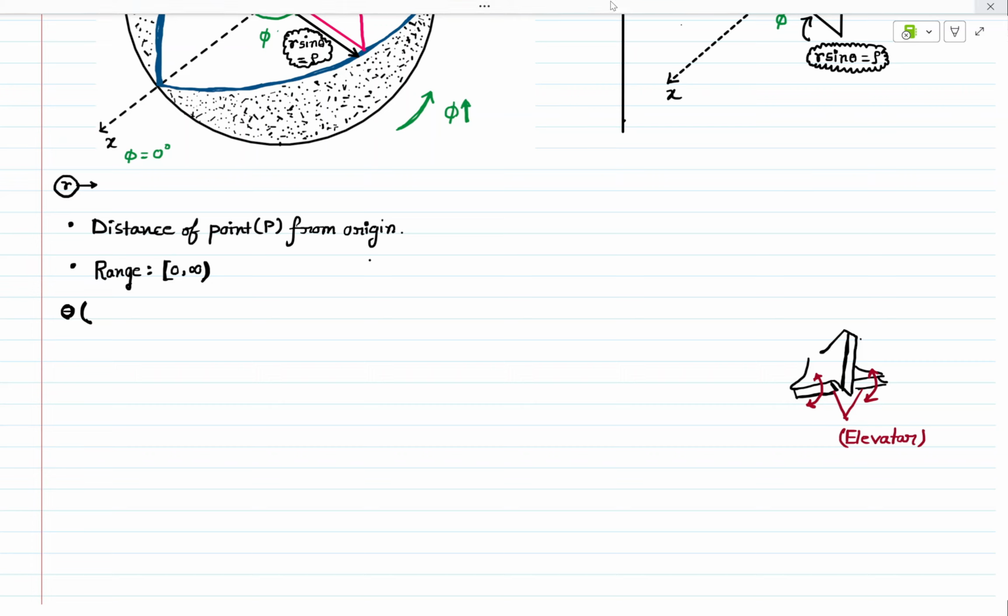And these things are also called the rudder. Okay. This is called the azimuth. Also, in case of the aeroplane, it is called the rudder, which is used to direct the plane left or right.